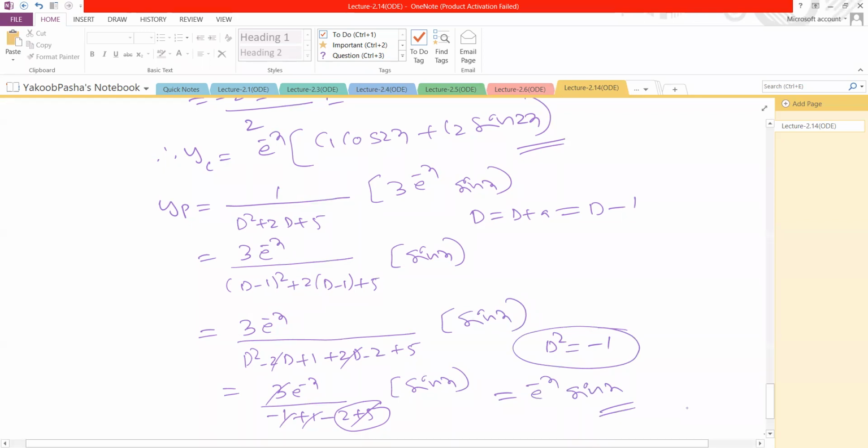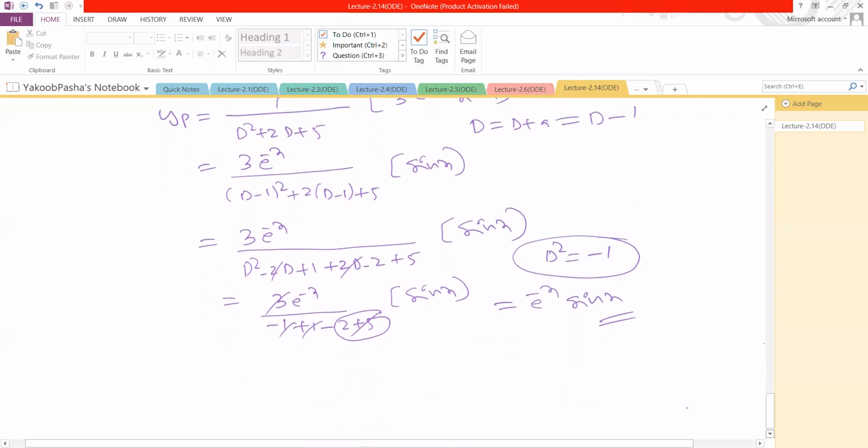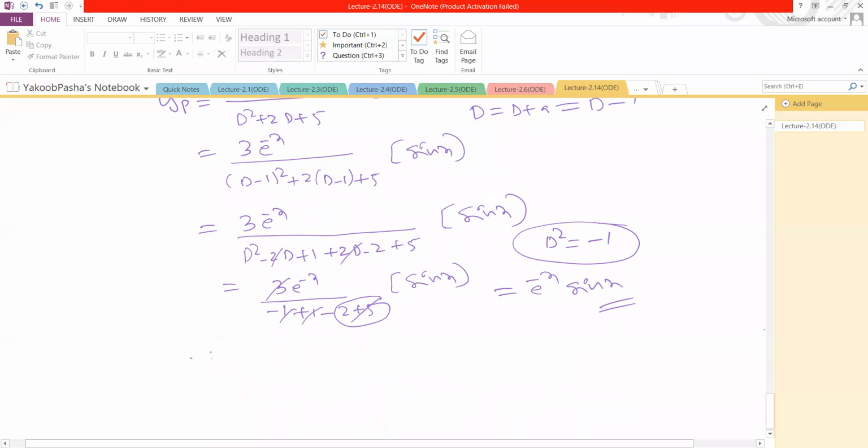Now we can write the general solution, that is y = e^(-x)(c1 cos 2x + c2 sin 2x) + e^(-x) sin x. This is the y of x value.